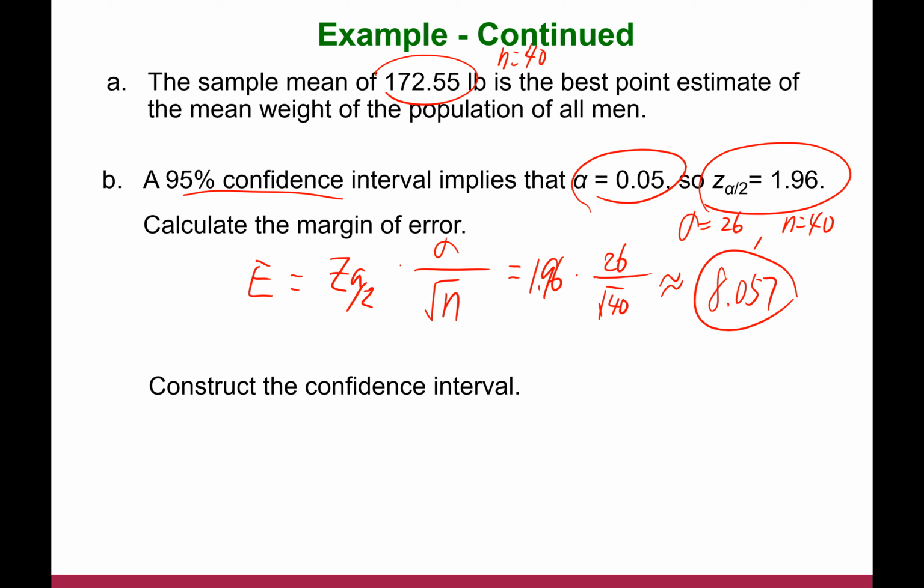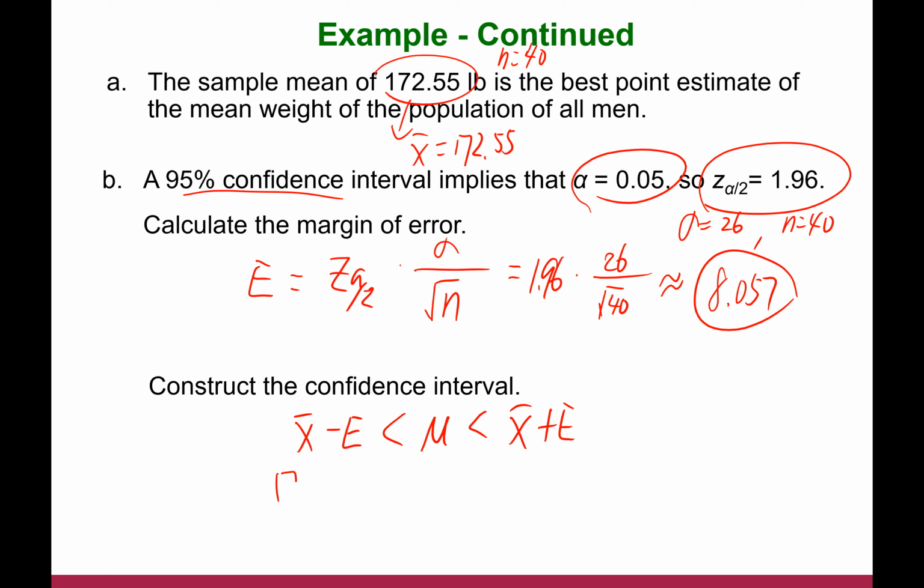Now let's construct the 95% confidence interval. Sample mean minus margin of error gives the lower limit; sample mean plus margin of error gives the upper limit. The sample mean is 172.55.